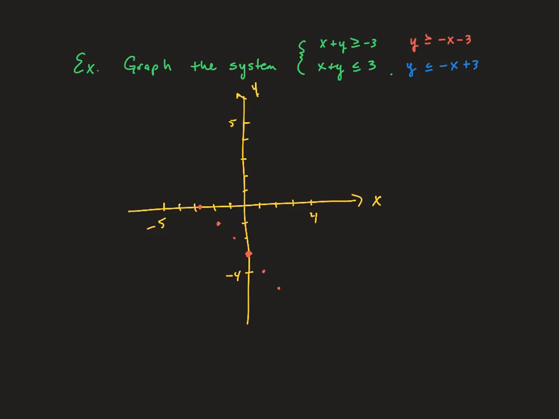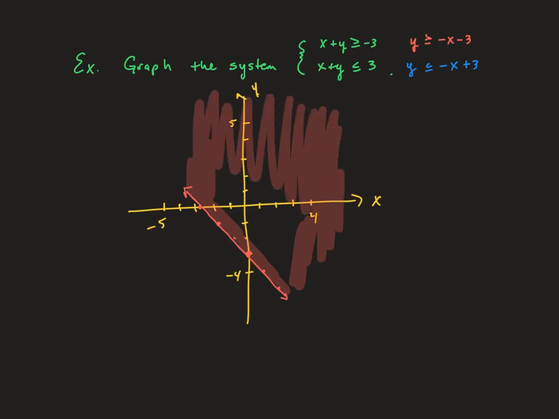And that is going to be a solid line. It said that we are greater than, so I'm going to shade it upward. Everything above that line would be a solution for that inequality.